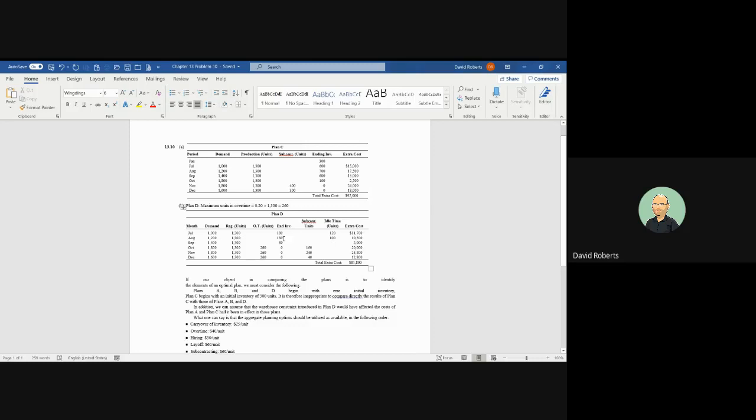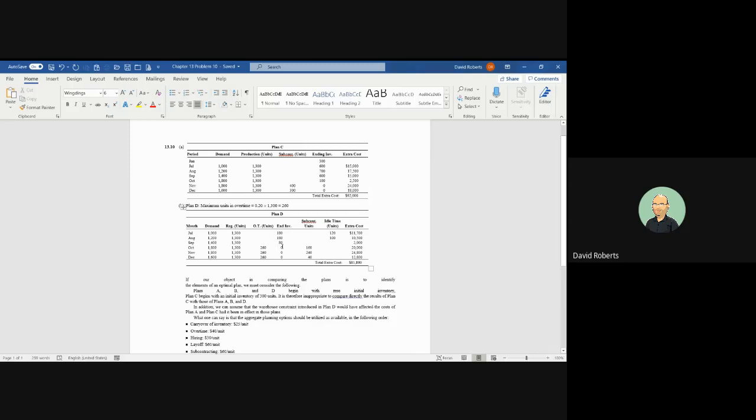Next, in August, you have the same kind of thing, except you have the 180 units of ending inventory and regular units of 1,300 being produced, 1,200 units of demand, and you have 100 units of idle time.